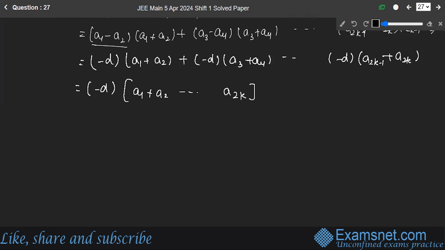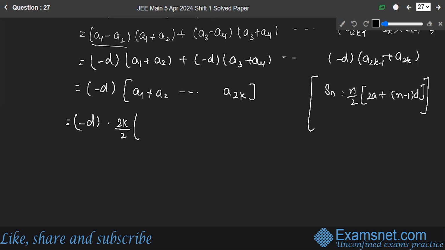This is the sum of this AP, and sum of AP is given by n by 2 into 2a plus (n minus 1) into d. So this is equal to minus d, n in this case is 2k, upon 2, into 2a1 plus (2k minus 1) into d, because this is 2k terms.